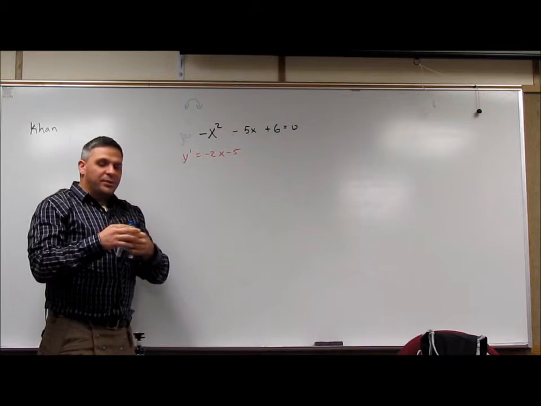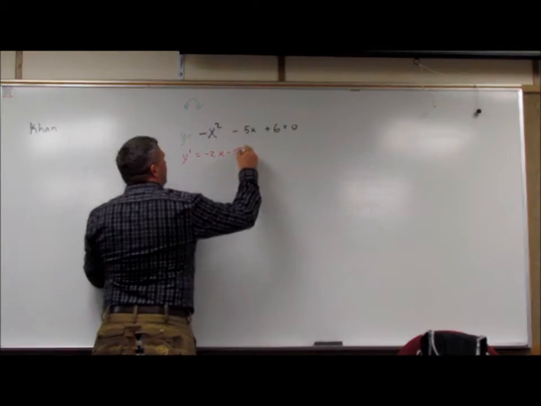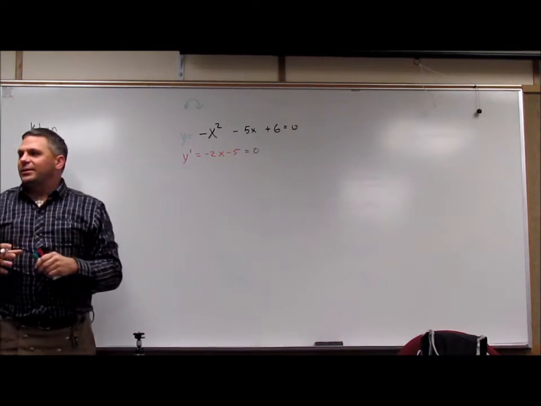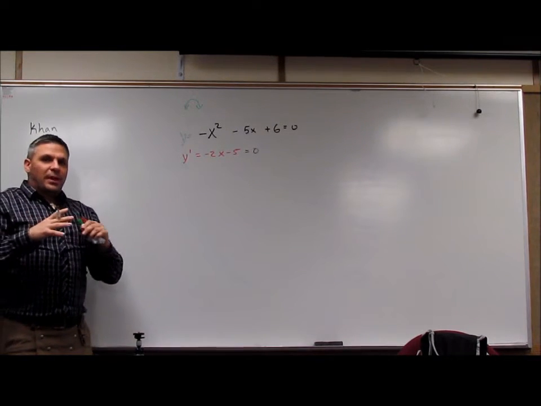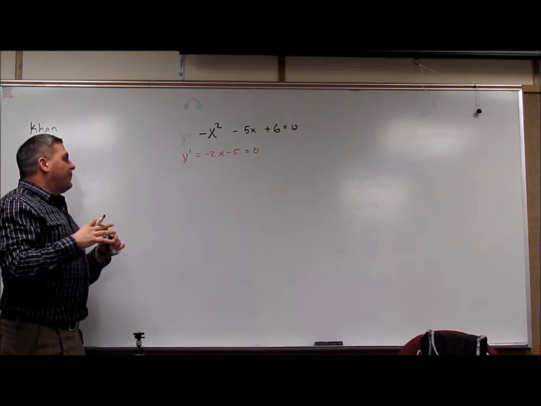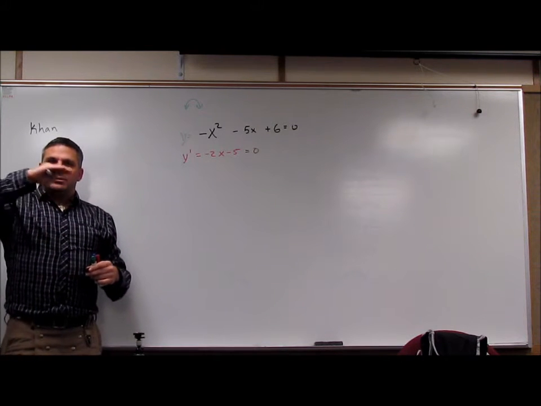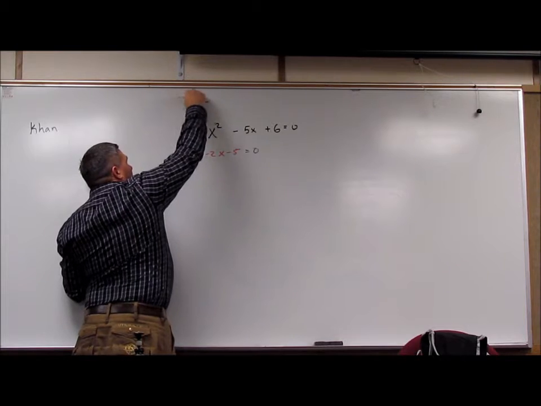And so what we do with that y prime is we set it equal to 0 in order to find the vertex or the point of symmetry. It's where the slope is actually becoming 0.